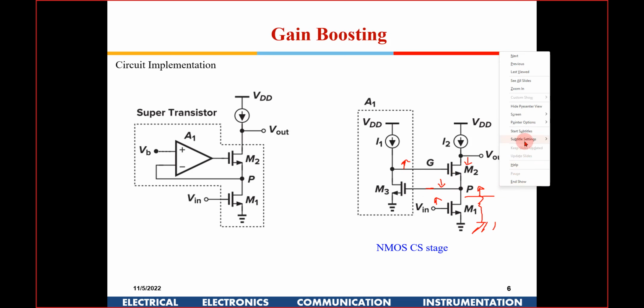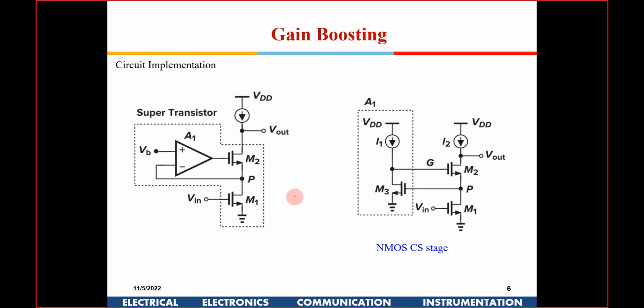Sir, could you please explain the gain calculation of this circuit? Okay, see, why is it a negative feedback? Let's first be clear with that, then we'll talk about the gain. Any increase in voltage out here. Suppose, let's assume this is at around 0.5 volt. Any increase in voltage here, this will tend to fall, because more current is going, so this will tend to fall.